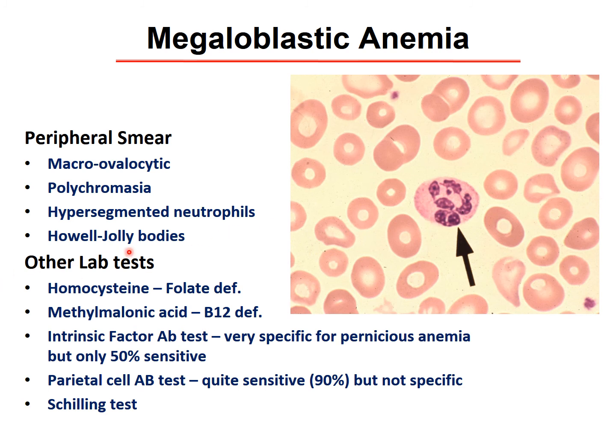Other lab tests, as I mentioned: at the cellular level, homocysteine can be measured for folate deficiency, and methylmalonic acid for B12 deficiency. Why is it important? Well, if you work in a clinic, this is not the first line when the patient meets with the doctor.